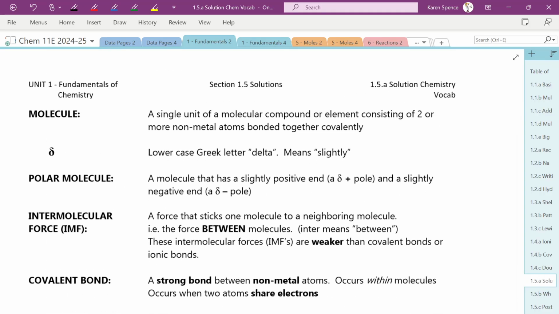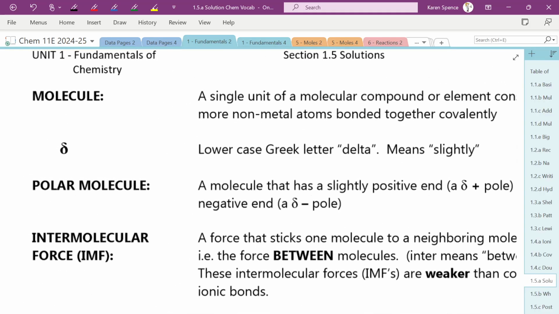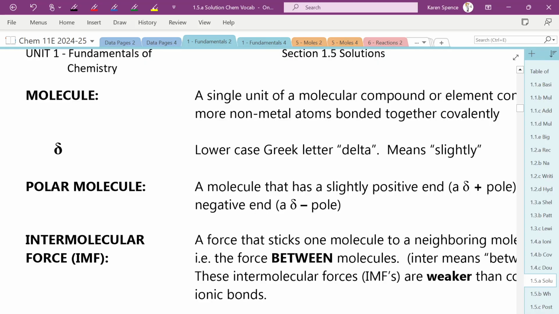Have you guys ever seen this delta? The lowercase delta? Why don't we practice drawing it a couple times together? Basically, what you do is you start here, and then you go this way, and then you go up this way, and then you go like this, and then you go like that.